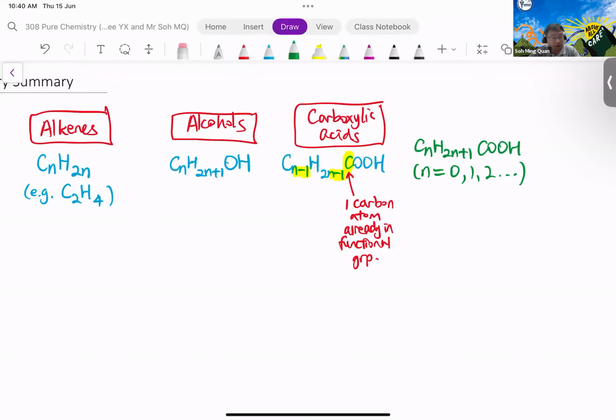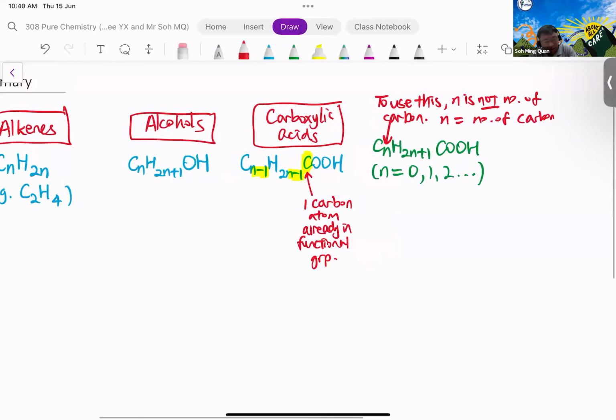The problem is, to use this, N is not the number of carbon. N is equal to the number of carbon minus 1. If you want to use the alternative general formula, which is found in the textbook, you must bear in mind, you need to -1 yourself.